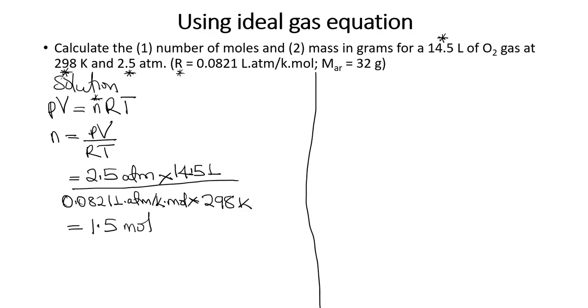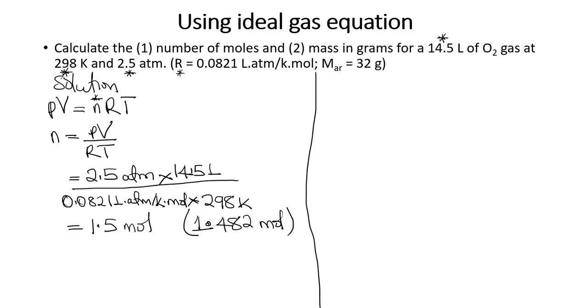In the actual calculation, because I'm going to use that information to do another calculation, it is 2.5 times 14.5 divided by 0.0821 divided by 298. In the actual calculation, the answer is 1.482 mole.